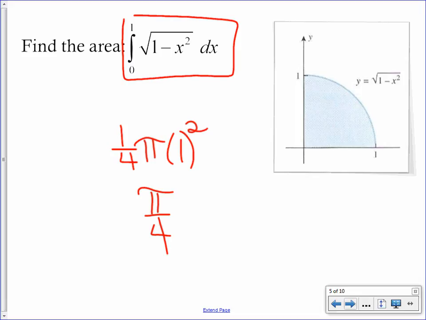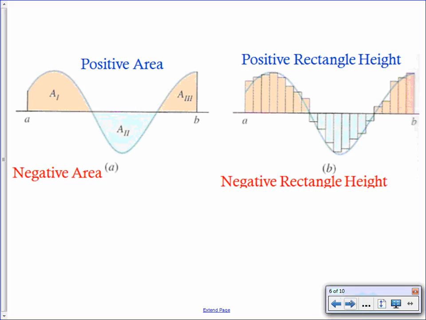We're going to talk about our negative area now. Okay? When do we have negative area? We have negative area when we are underneath the x-axis. The area from your curve to the x-axis, if it is above, is positive.